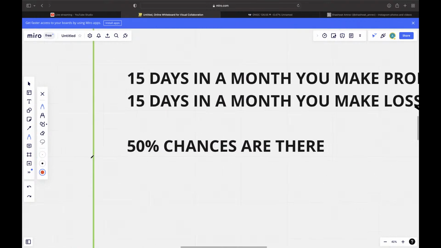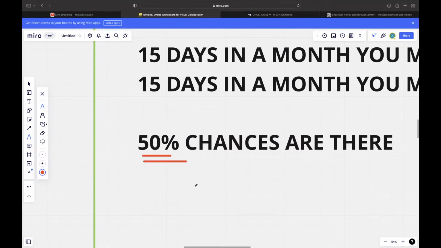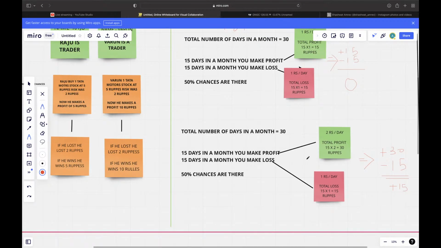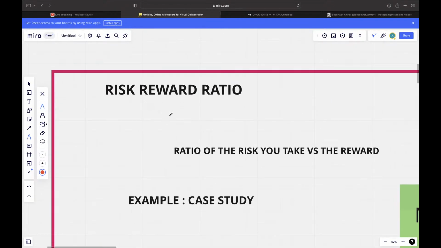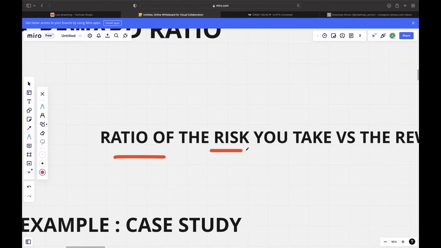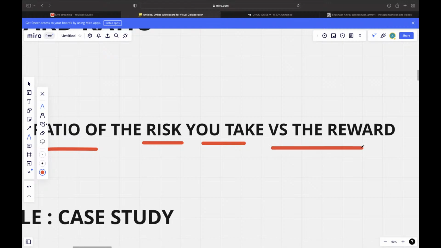So if this chance is also 50-50%, I know you will be predicting right at least 80% that the market will go up or down. If this chance is also 50, you can survive in the market. So overall, this is known as risk reward ratio, where the ratio of the risk you take versus the reward it is.